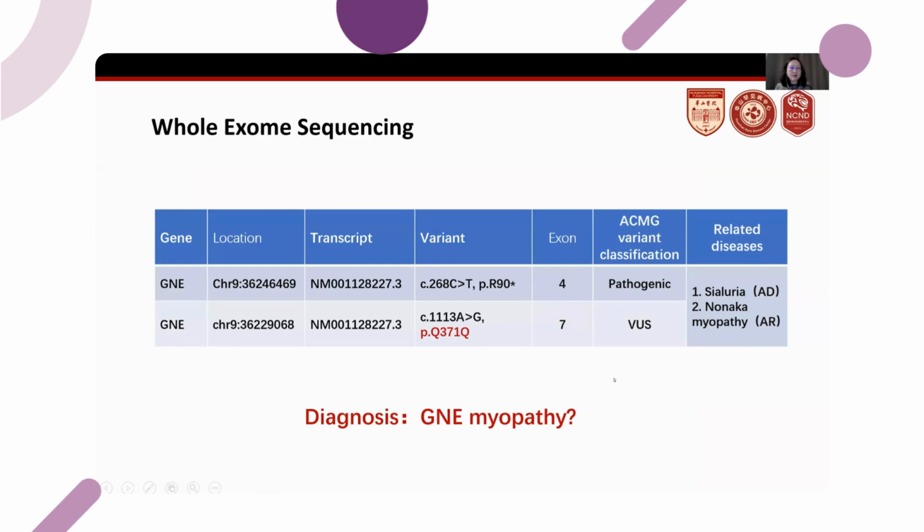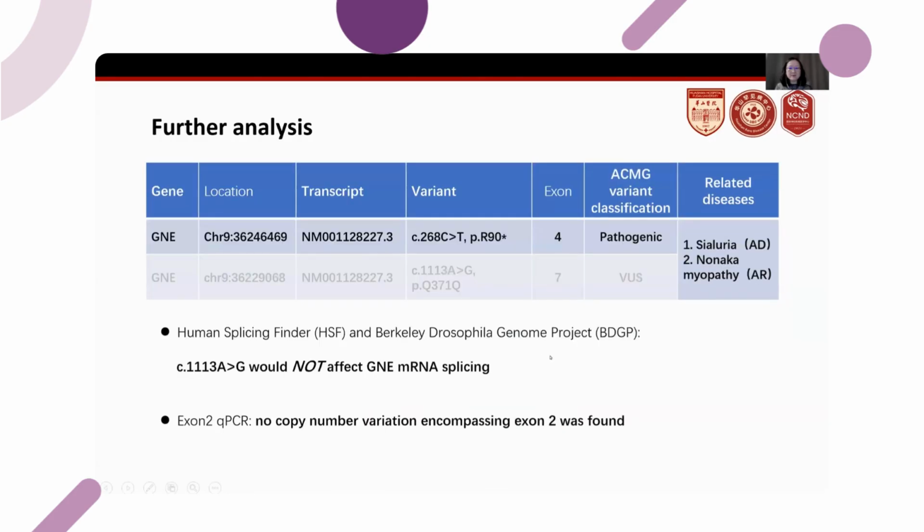We did whole exome sequencing for this patient and found one nonsense mutation and one synonymous mutation, so this patient has GNE myopathy. We further performed mRNA analysis, and we didn't find any aberrant splicing caused by this synonymous mutation. We also performed exon 2 qPCR, and we didn't find any copy number variation encompassing exon 2.